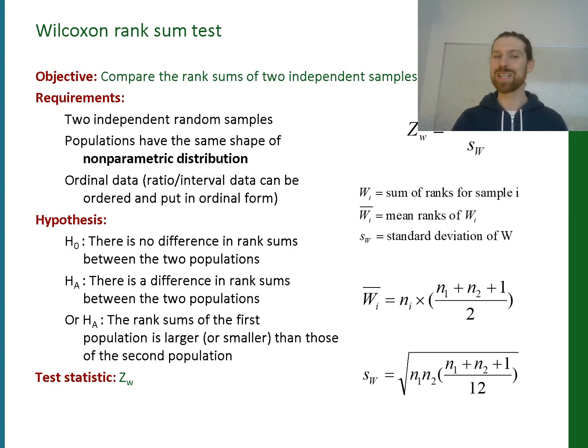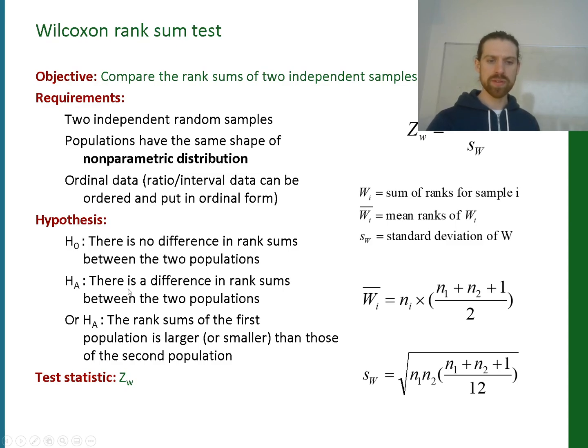So that's really the key word here, because when you think about the name, Wilcoxon was the person who invented the test, then the rank sum is what we're going to do. We're going to rank all of those data points, and we're going to sum them up to get that value. And we'll do that within R later. So before we get there, the null hypothesis would be that there's no difference in the rank sums between the two populations.